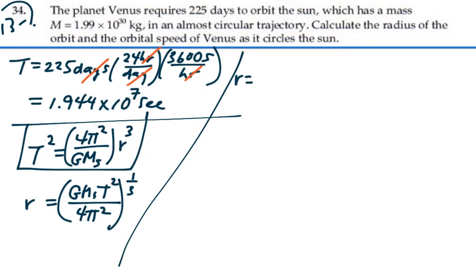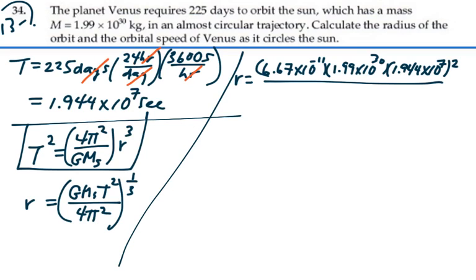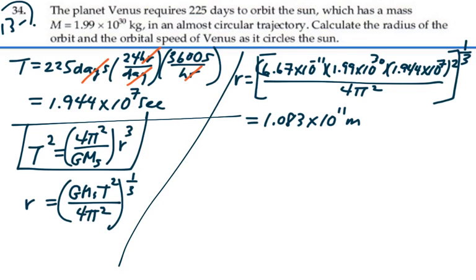So this radius is equal to G, 6.67 times 10 to the minus 11, times the mass of the Sun, 1.99 times 10 to the 30, times the period of Venus's orbit, 1.944 times 10 to the 7, that period squared, over 4 pi squared, all this cube root, or you could say to the 1/3 power, and that gives us a radius of 1.083 times 10 to the 11 meters.